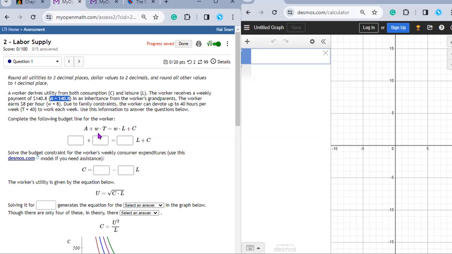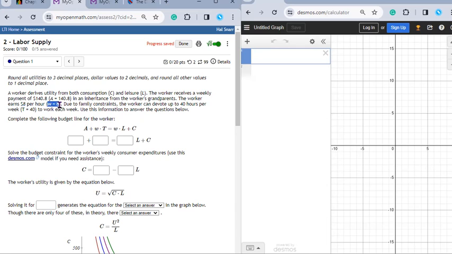It could be a food stamp benefit. So whatever the source of this money is, it doesn't go up or down based on how much the person works.